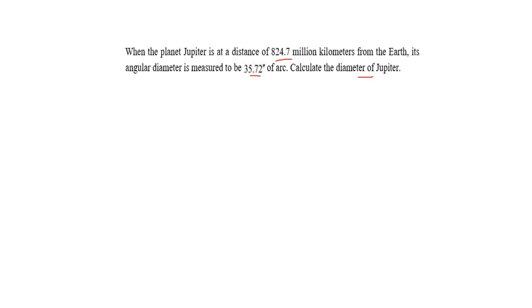What are all the given values here? The distance from the Earth to Jupiter, 824.7 million kilometers. We know the distance. And the angular diameter, this is nothing but theta, 35.72 arc seconds. So what is the diameter of Jupiter? This is how we calculate the diameter of a particular planet.